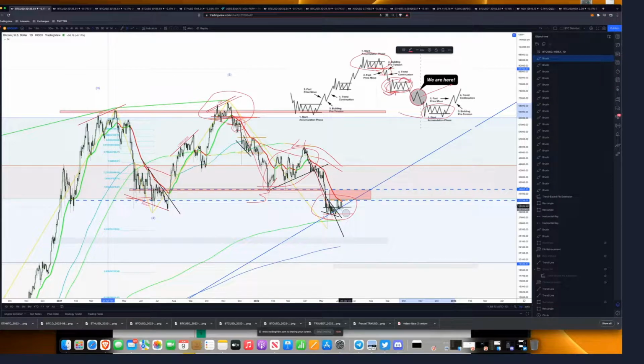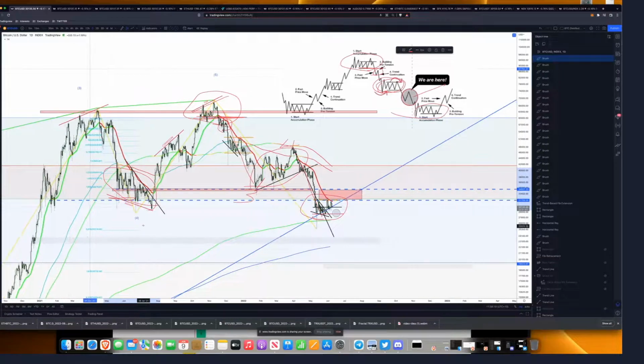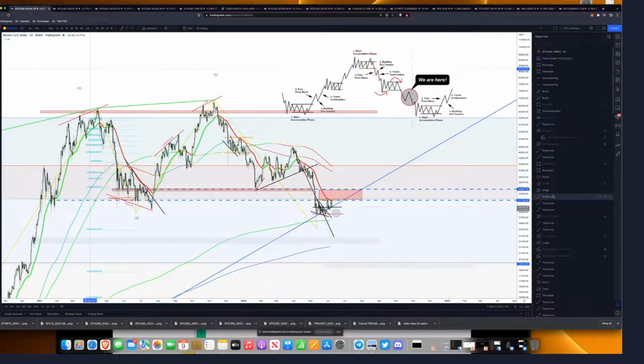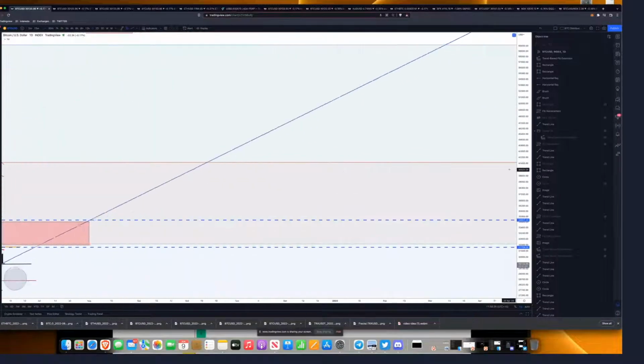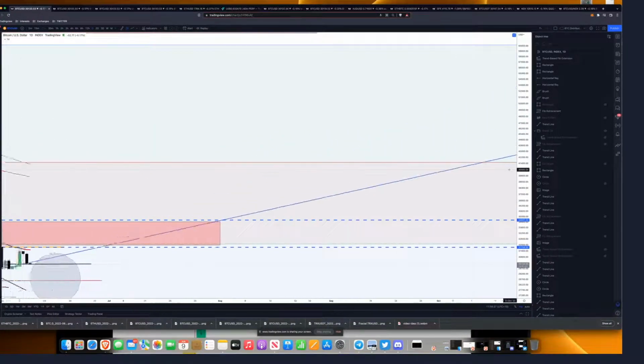This doesn't look like anything like accumulation. This looks like accumulation. And we can look at other charts, and you can see that they are accumulation as well. This is not accumulation. This looks like a bear flag. So if I was to clean that chart up and zoom into it, I'm going to show you how to trade this.